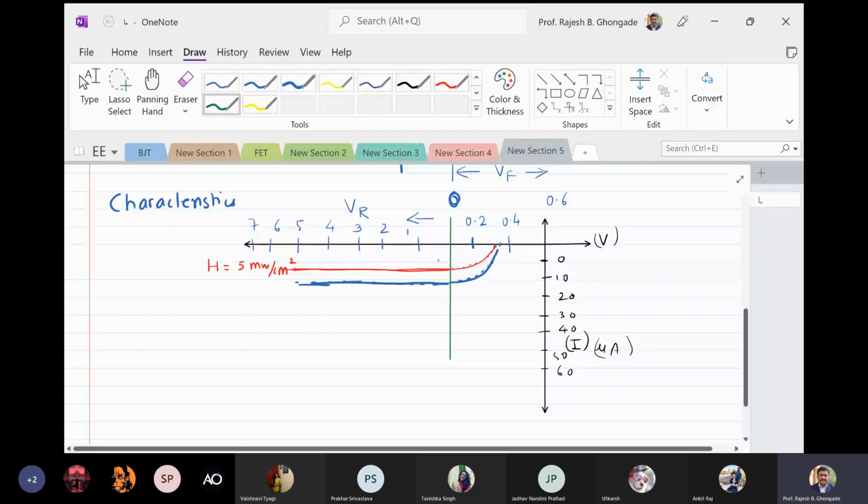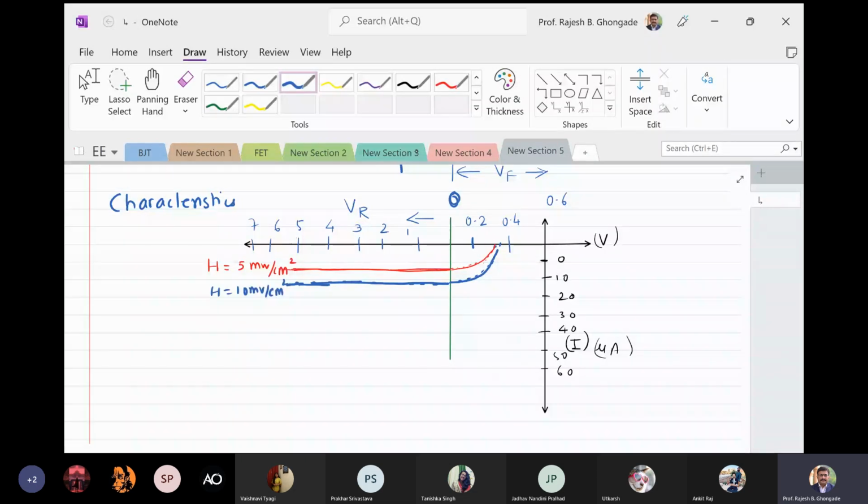So this curve is for H as 10 milliwatt per centimeter square. So if I go on increasing the illumination, subsequently the current also increases.